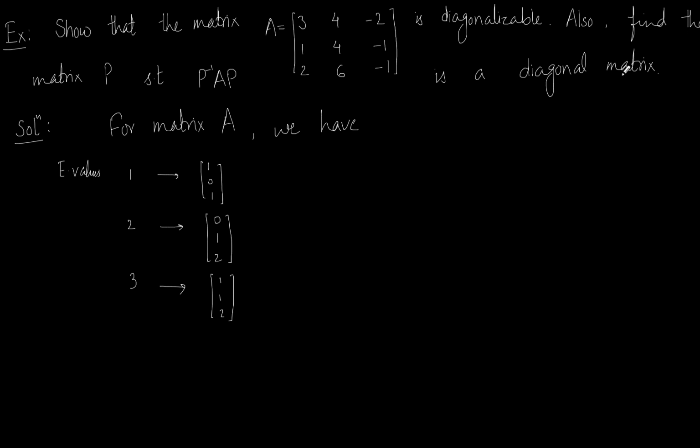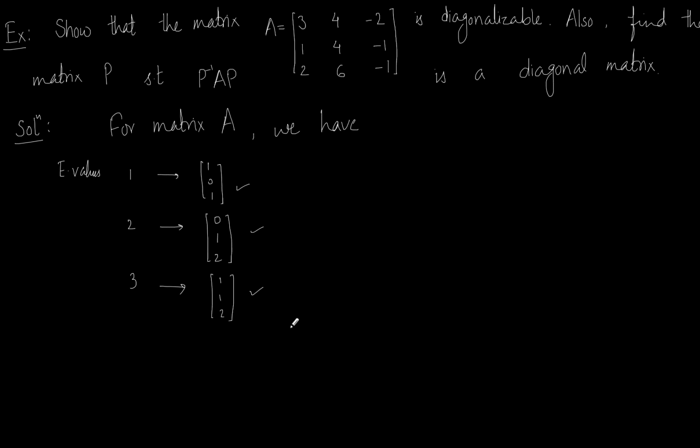As we have seen in the previous theorem, a square matrix A is diagonalizable if it has n linearly independent eigenvectors. We have a square matrix of order 3, and here we have three distinct eigenvalues, so we have three eigenvectors. That means this matrix A is diagonalizable.